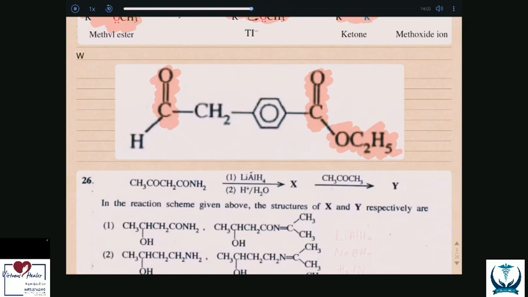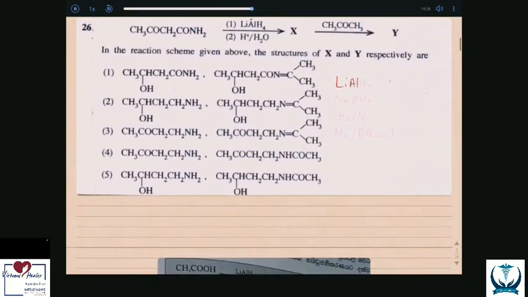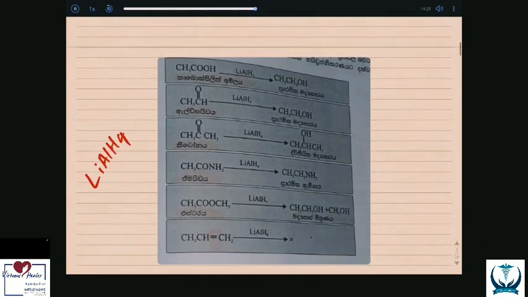As question number 26 is concerning a reductant reaction, we can recall the reductants used in organic chemistry, which are lithium aluminium hydride, sodium borohydride, hydrogen nickel, and sodium ethanol. Of the above reductants, lithium aluminium hydride is capable of reducing carboxylic acids, aldehydes, ketones, amides, and esters as shown in the diagram, but it is not capable of reducing double bonds.